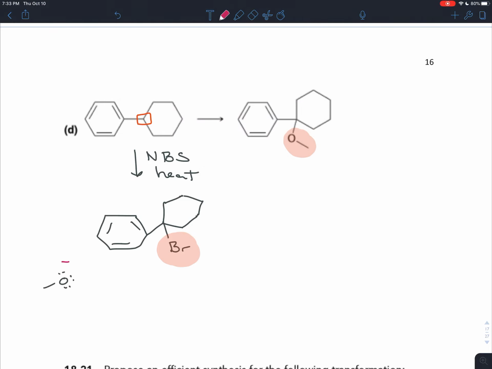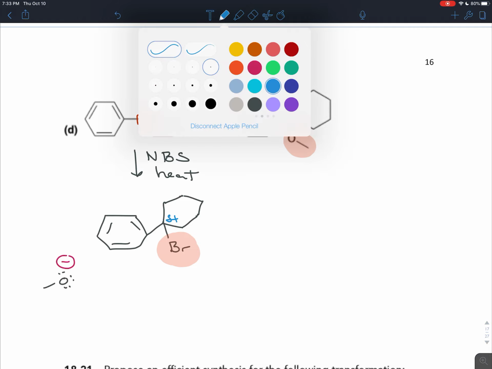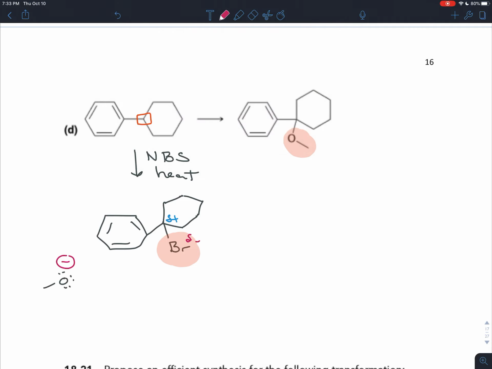Like a methoxy group may be bonded to a metal, like sodium methoxide, and that's like, all right guys, clear out, I'm going to attack here. No way. It's too crowded. It'll get pushed away before it gets anywhere near that slightly positive carbon. Slightly positive because it's in the bond with the bromine, which is slightly negative. It's pulling the electrons to itself. So SN2 is not going to fly.